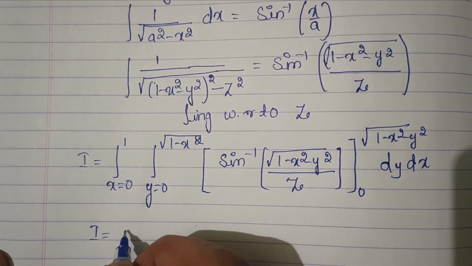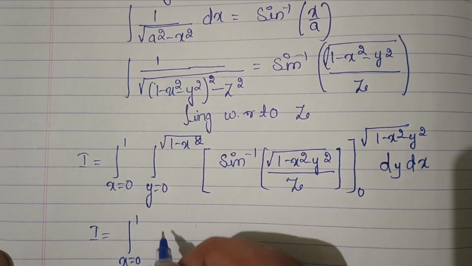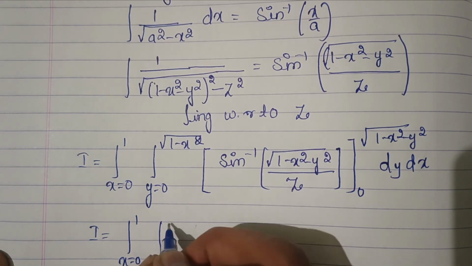So I is equal to integration of x is equal to 0 to 1, integration of y is equal to 0 to root of 1 minus x square.